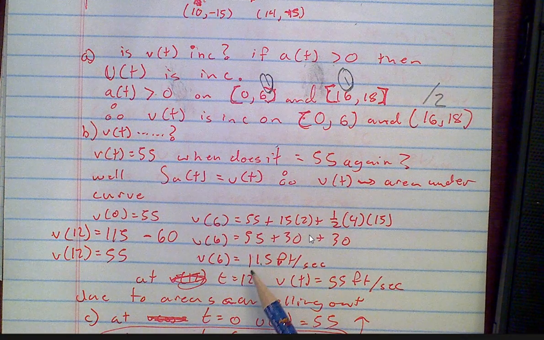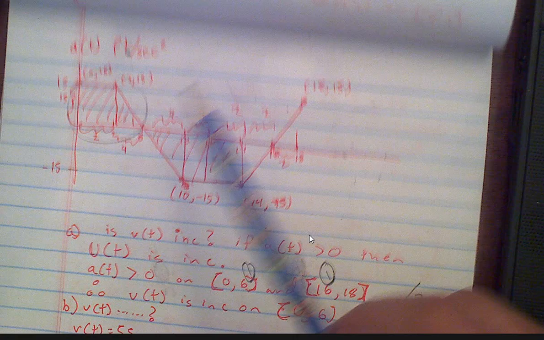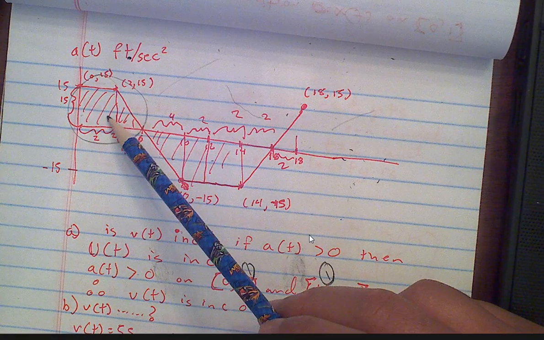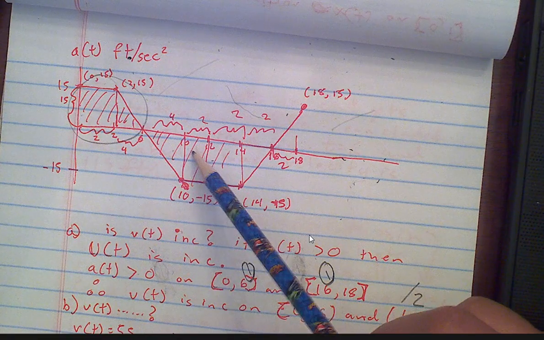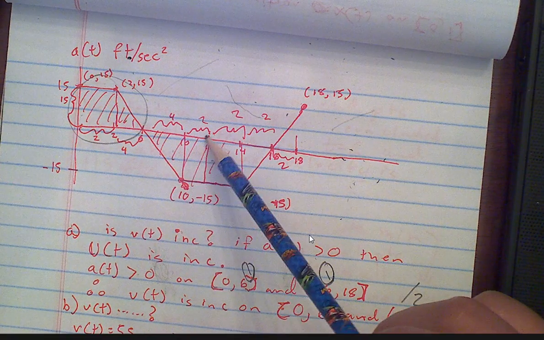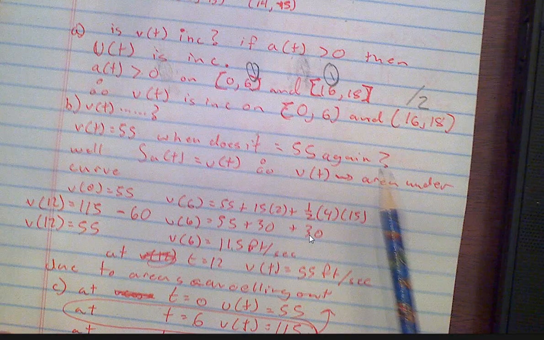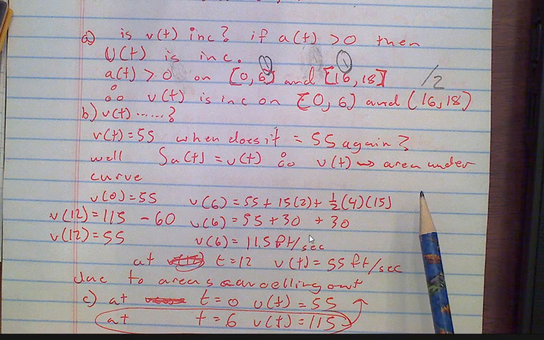So what you need to know is that we added a certain amount of this certain area. Well, when we subtract that area, it's going to be 55 again. So right here at t equals 12, excuse me, alright, I need to scroll up.